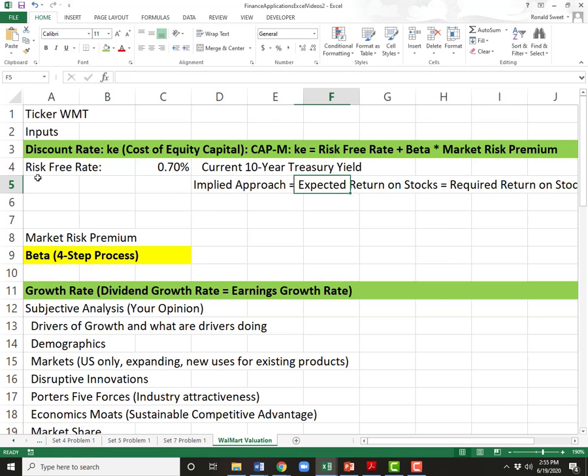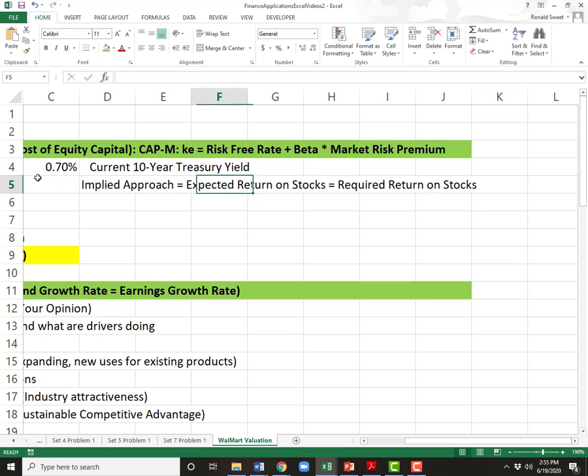Those two numbers should equal each other if the markets are efficient. If the expected return on stocks is higher than what people require to cover them for risk, then stock prices will shoot up. If stock prices shoot up, then the expected return comes down, because the more expensive a stock is, the lower its expected return, all else equal.